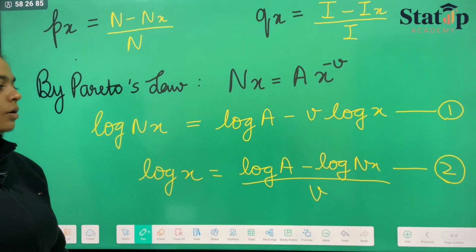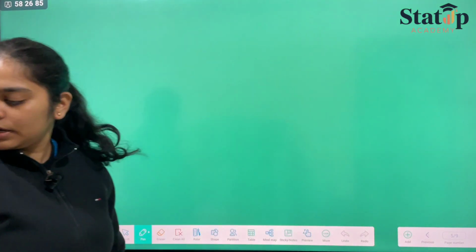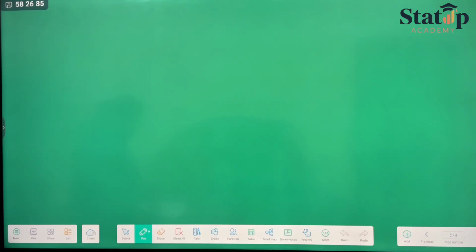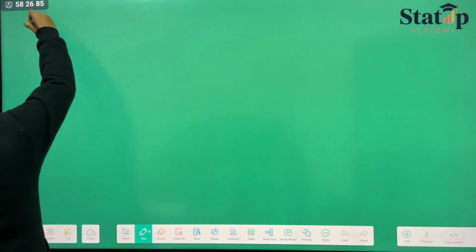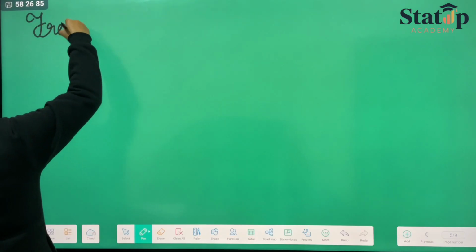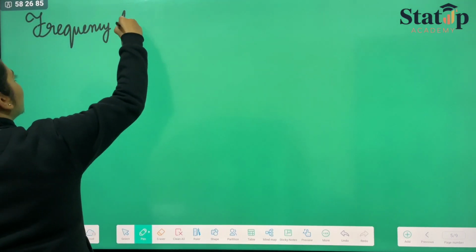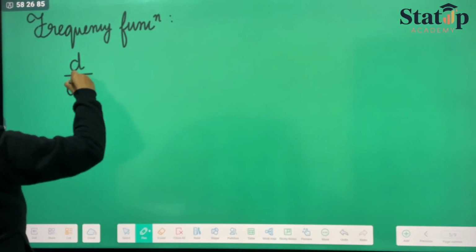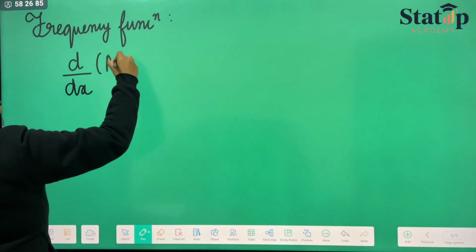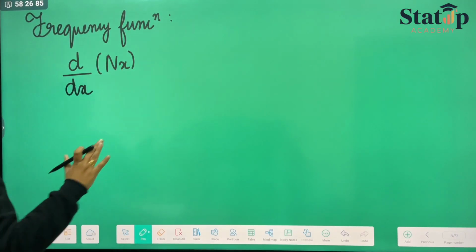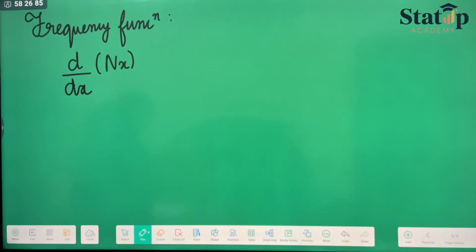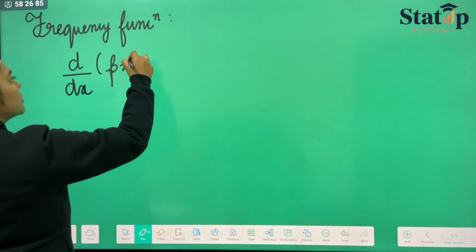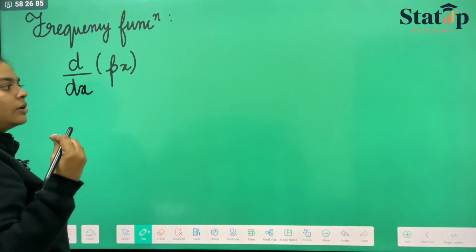Now we can also form another equation. We can say that the frequency function can be given as d by dx of Px, which we are calculating for people having income less than or equal to x.